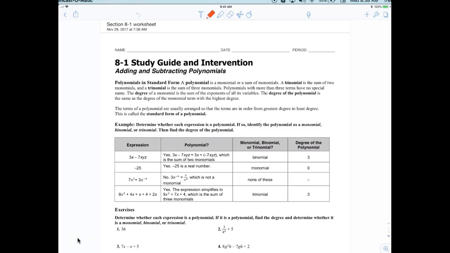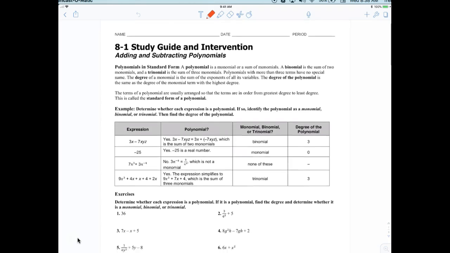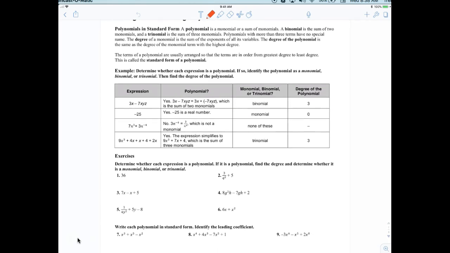Easiest day ever. Because honestly, I'm doing this with my pre-algebra kids. All we're doing is adding and subtracting. So now we kind of already talked about monomial. Monomial is a single term. Binomial is 2 terms.